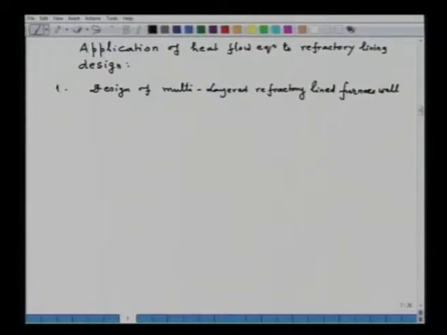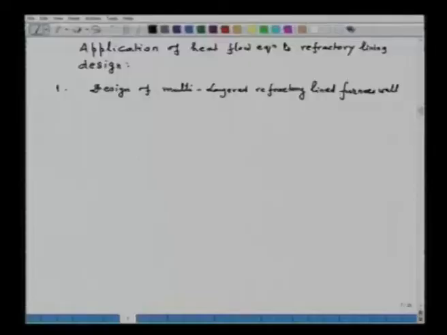Now, we are considering one dimensional heat flow. So, let us consider a furnace wall having 3 different types of material. Just drawing this sketch.